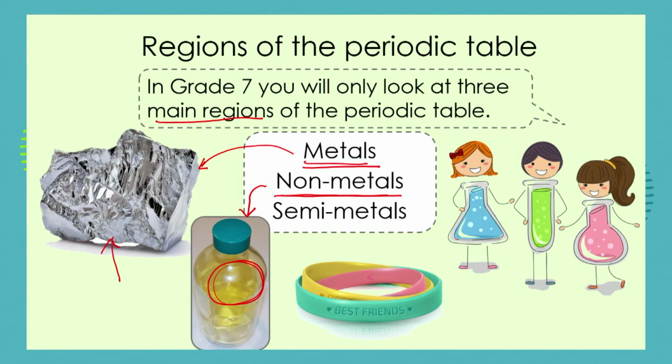And then we've got a very strange group of elements called the semi-metals. Are they metals? Are they non-metals? Well, we're going to look at their properties. The example that I've given you is something that you might be familiar with in terms of silicon. Friendship bracelets, you get lots of these, they look like they're made out of rubber, but in fact, they're made out of a substance called silicon.